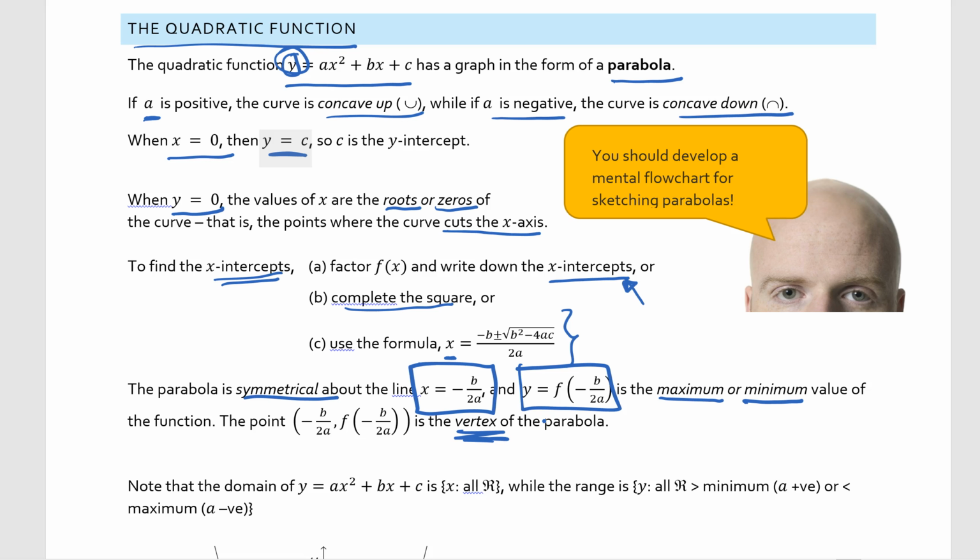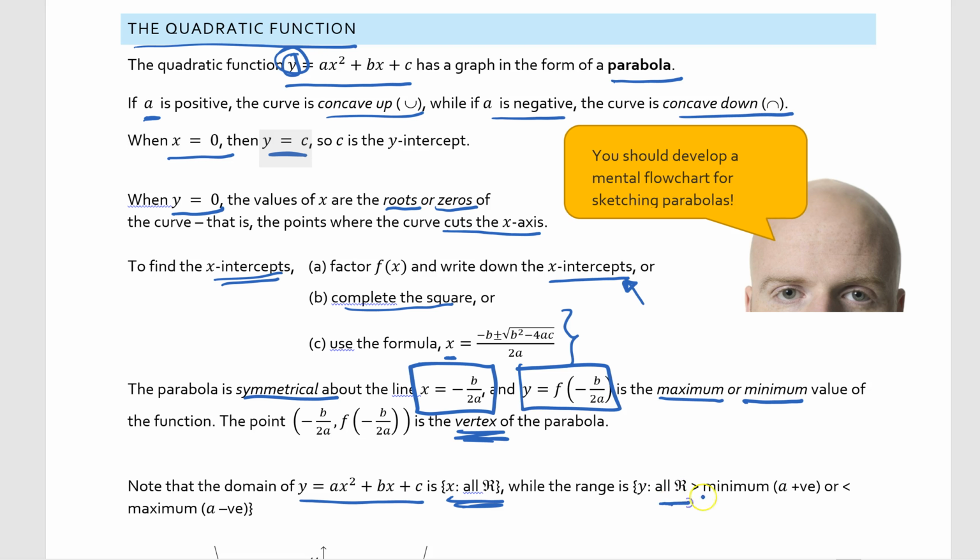Now there's a lot of language there, but I'm hoping that you've heard all of it before. If not, again, this is something that you need to develop a little glossary for, so that you're familiar with those terms. The domain of the parabola, as we saw yesterday, is all real x, and the range depends on which way the concavity is.